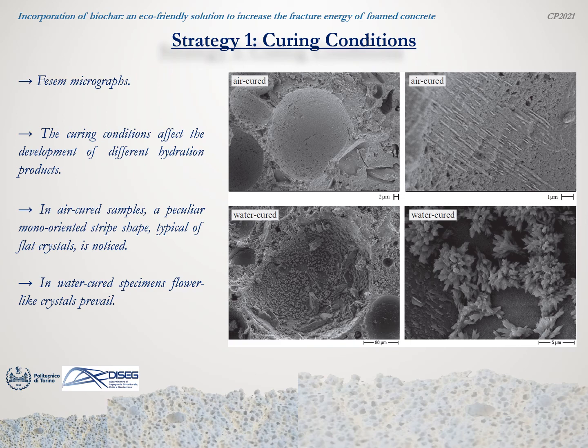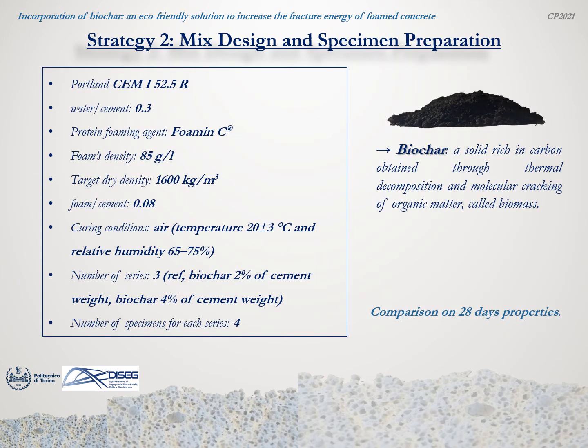The different fracture behavior between the two curing conditions is then the result of such distinct morphological characteristics and microstructural differences. As already said, strategy 2 consists of an eco-friendly addition to the cementitious matrix, that is, the addition of biochar. In particular, two different concentrations of biochar were studied, 2% and 4% of cement weight.